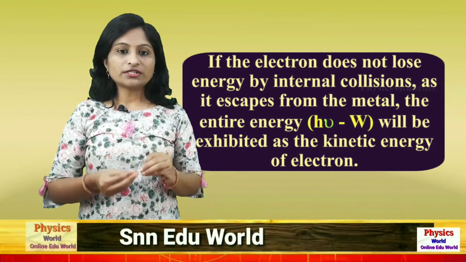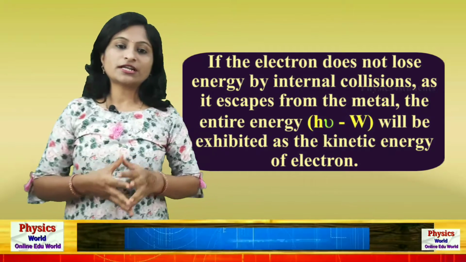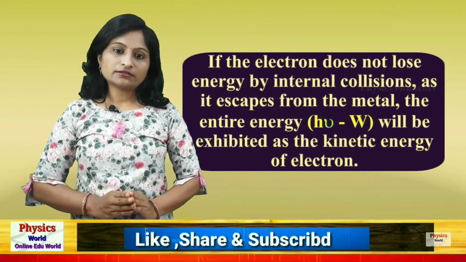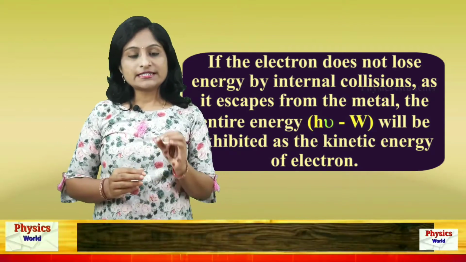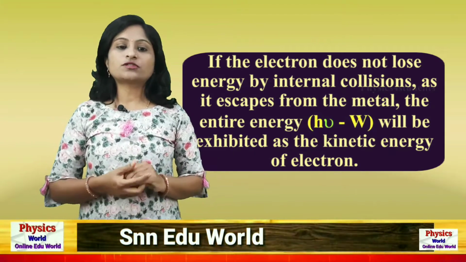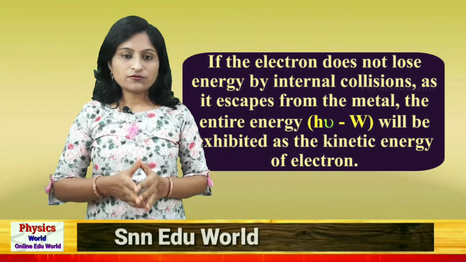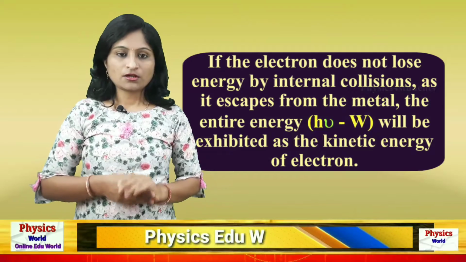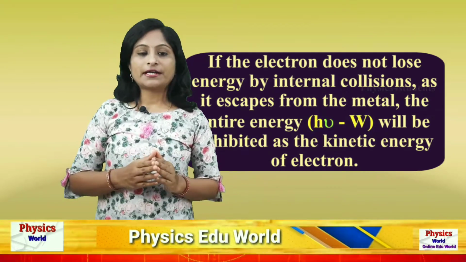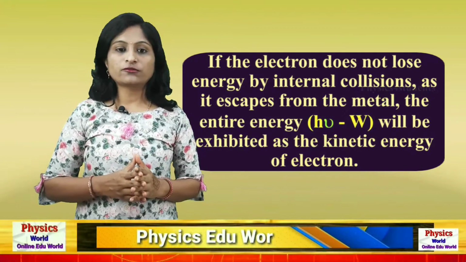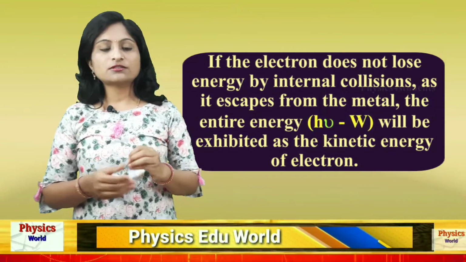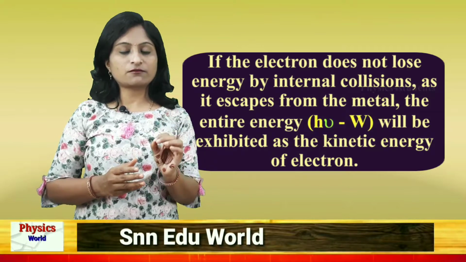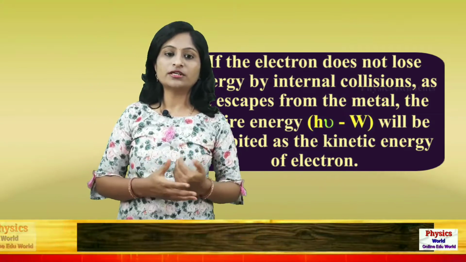During this process, this energy is utilized by the electrons. According to Einstein, the photon energy is utilized in two ways. The first way is the photoelectric work function: the energy required to emit the electron from the surface. It is the minimum energy required for an electron to emit from the surface.